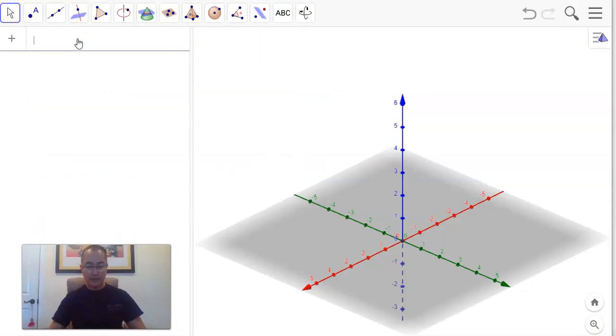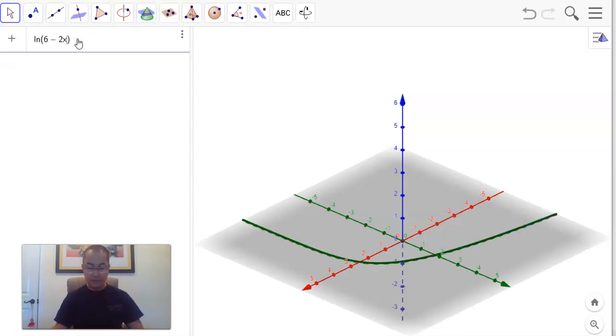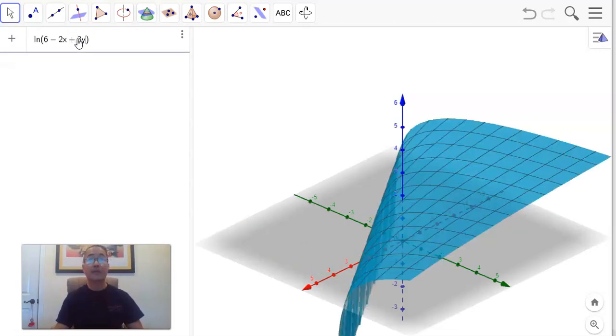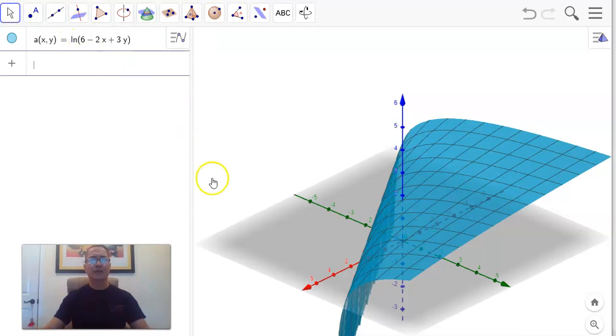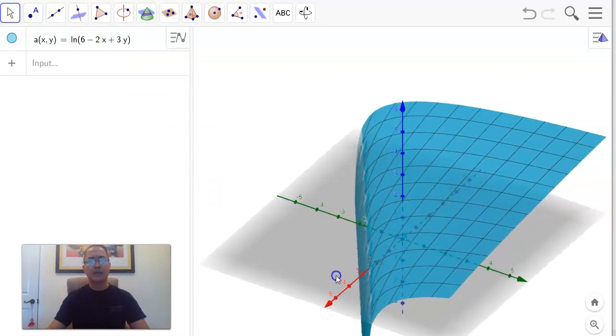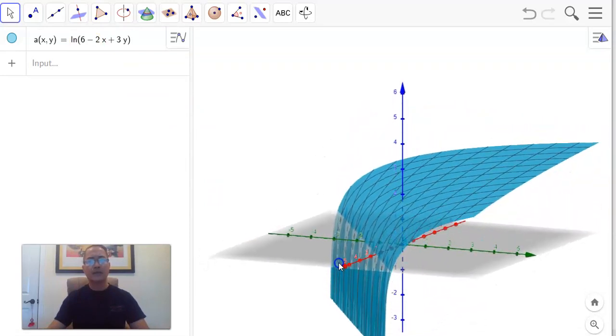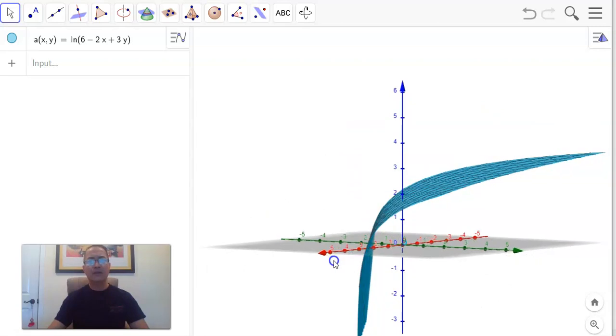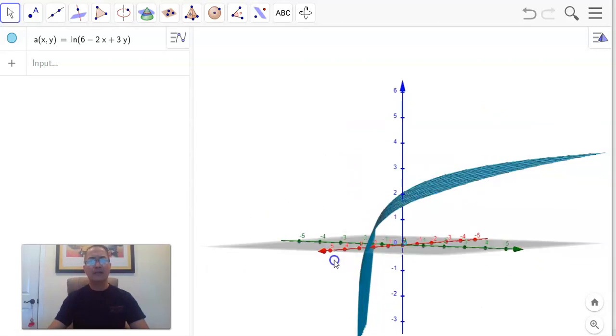All right, so let's input that: ln of 6 minus 2x plus 3y. And, ooh, there it is. Check it out. If you look at it this way, that does remind us of the ln function, doesn't it?